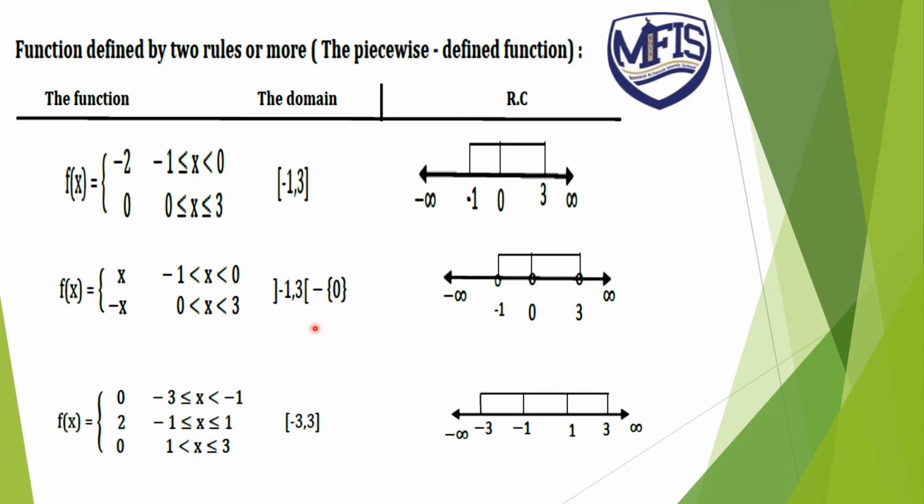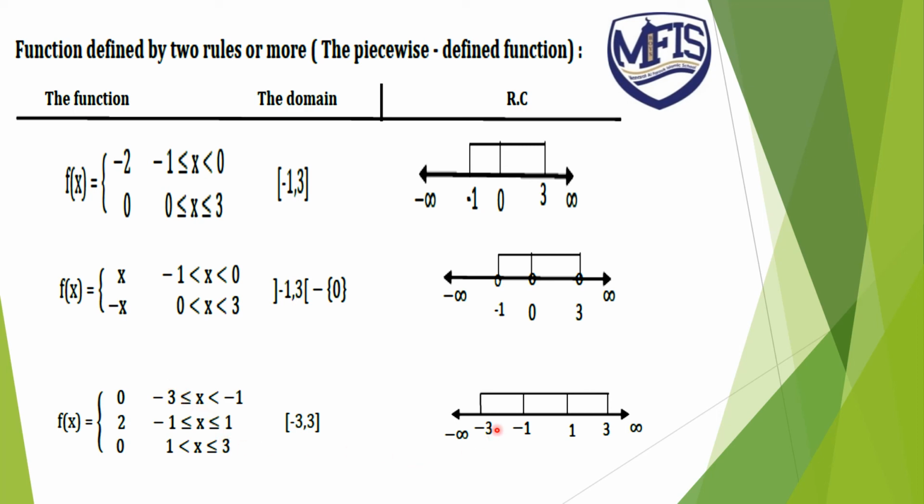Another example. If f of x equals 0 from -3 to -1, and 2 from -1 to 1, and 0 from 1 to 3. The domain of this function is from -3 to 3.